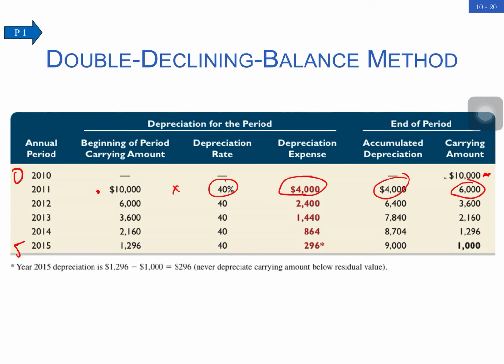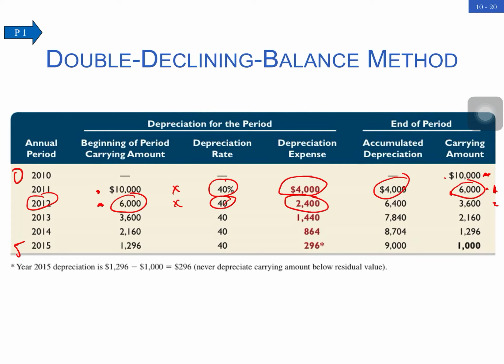This one minus this one, and then the 6,000 you copy to here. The ending balance at year 1 will be the beginning balance at year 2, right? That's why you copy this one to here, and then you multiply with 40%, then you get 2,400.